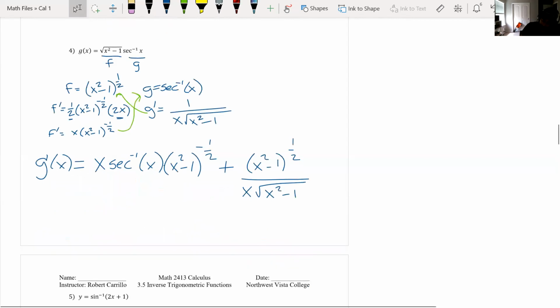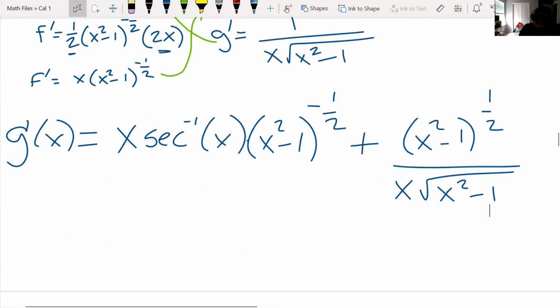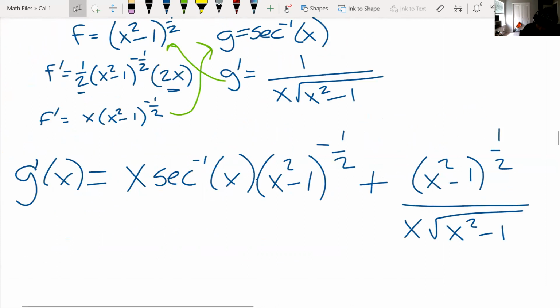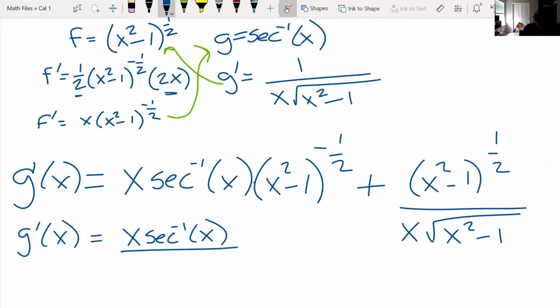Okay, make it look pretty time. And on the left side, I can now flip that down. So we get g prime of x equal to x secant inverse of x over the square root of x squared minus 1.